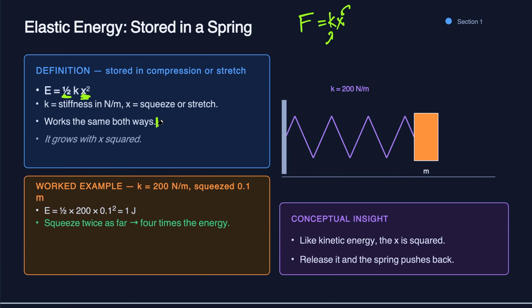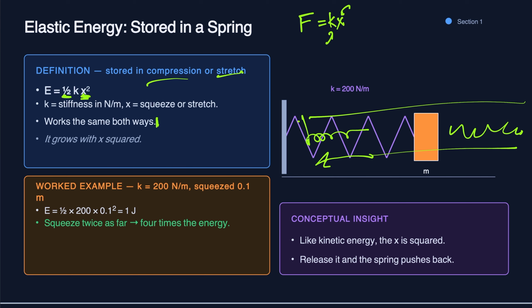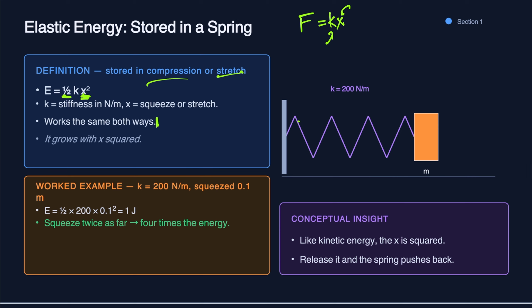So it works the same both ways, either in a compression or a stretch, right? Like I showed you how if you compress further, it's going to have more energy to push back, right? More force, more energy. Or if you extend further, it's going to have more energy to pull back. So it works both ways. It doesn't need to apply to just springs as well, okay?